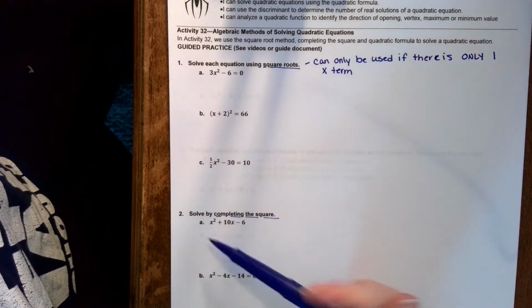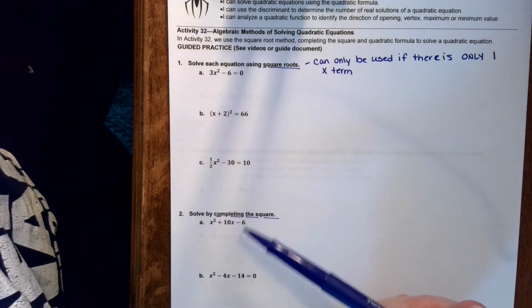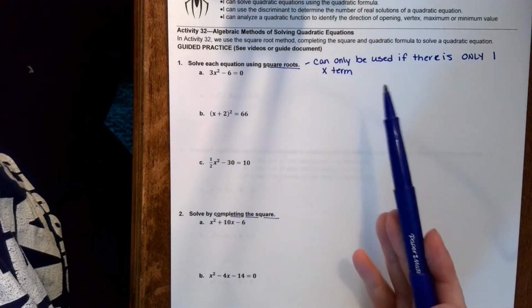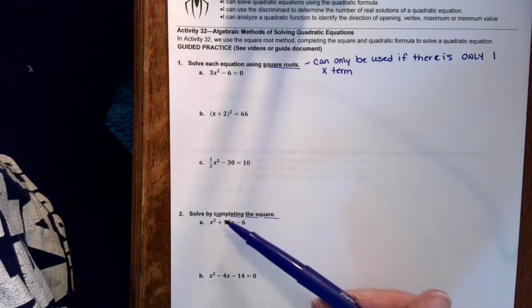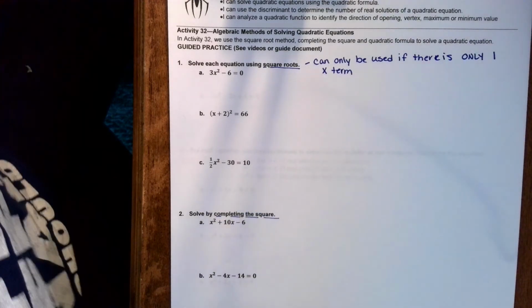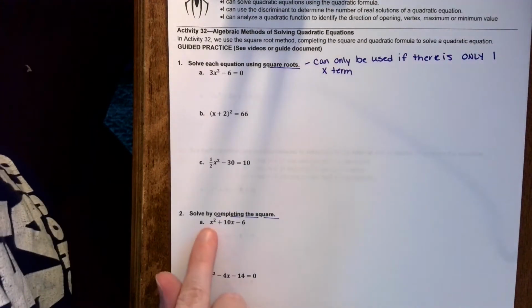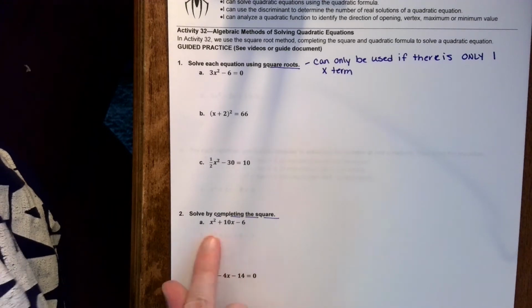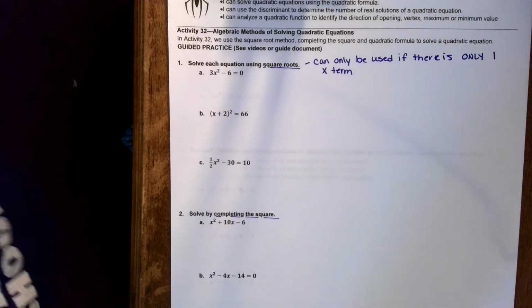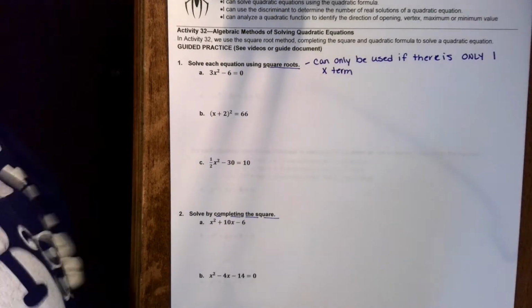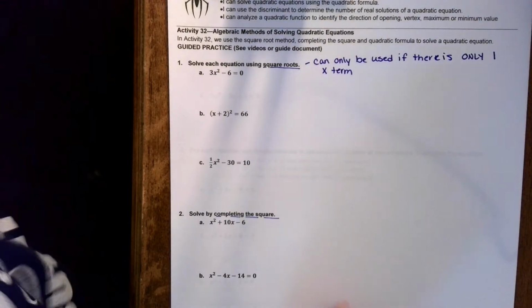When we get to section 2, completing the square does use some square roots, but not in the same way that we're going to use it here. And we couldn't just take the square root of each side of the equation on these because we have multiple x terms. Okay, so for square roots, there's a few different ways you can approach this.